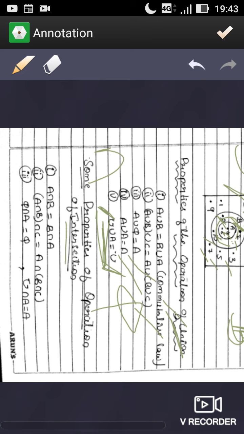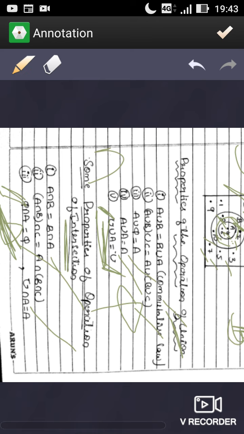Properties of intersection. This is the intersection property. This is the commutative law. This is the associative law. This is the existence of identity. Identity element is 5. 5 intersection A is equal to 5, means this 5 is the identity element.